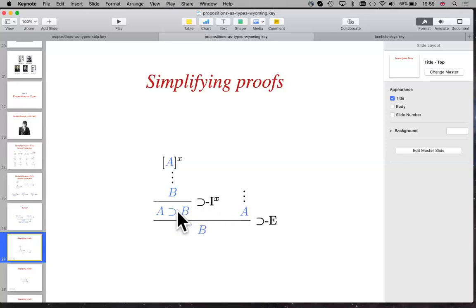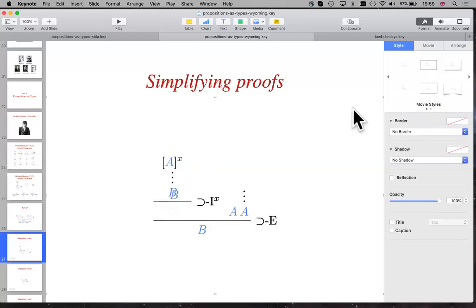Why from A implies B and A am I allowed to conclude B? Well, think about it. A implies B means if you assume A, you can prove B. Oh, look, here's a proof of A. So we just copy that everywhere the assumption is used. We're no longer assuming A, we've got a proof of A, and that gives us a proof of B, with no assumptions. And if this works, yep, you can actually see an animation of the simplification.